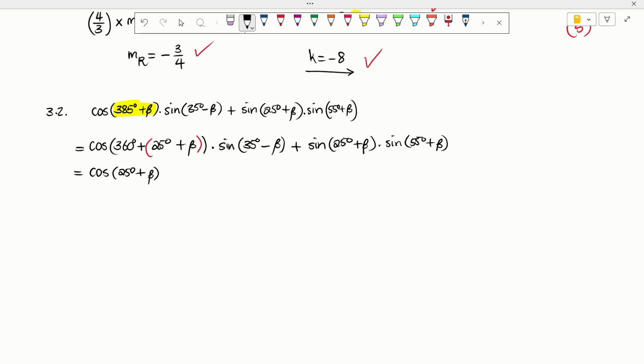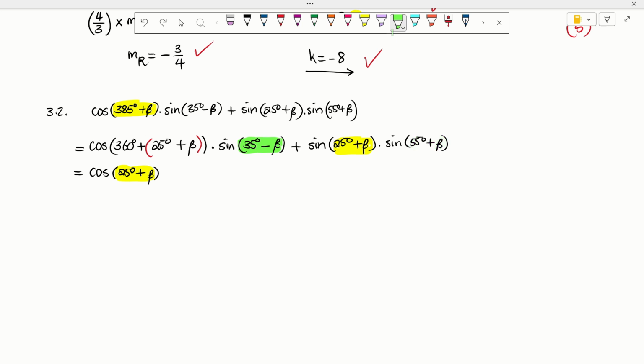And now I look at the whole thing. I can see that 25 plus beta seems to match this 25 plus beta. That's what I'm looking for. But this other bracket, 35 minus beta, is not matching with the 55 plus beta. So what can I do?